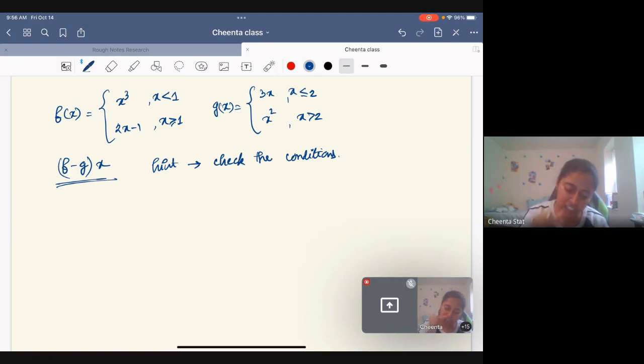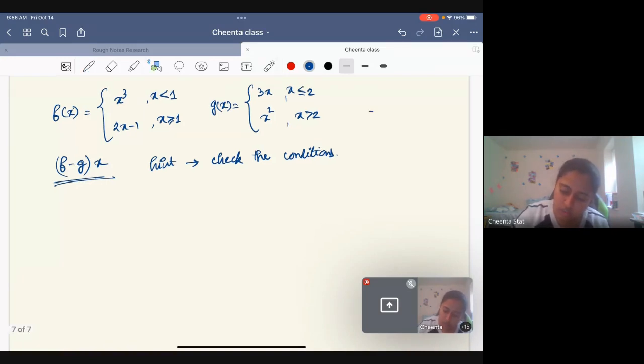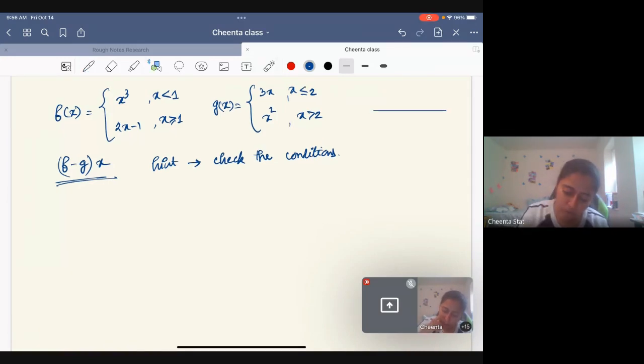Just one example. So this is 0. x is less than 1, so this region. And you know x is less than 2 for 3x. So for x less than 1, in your region, this will be x cubed minus 3x.